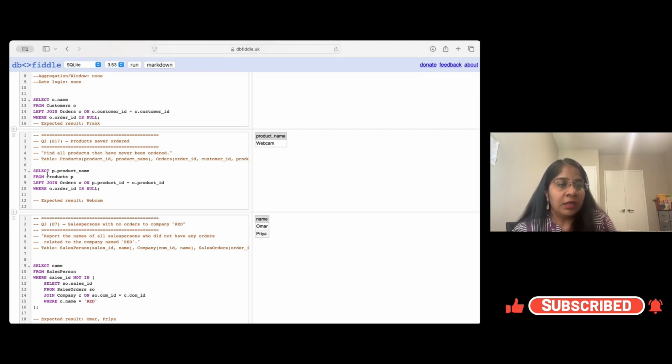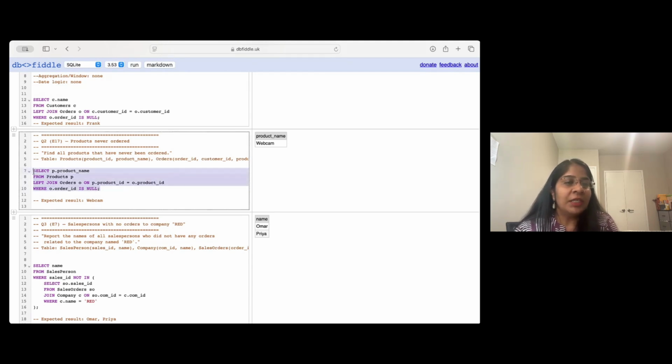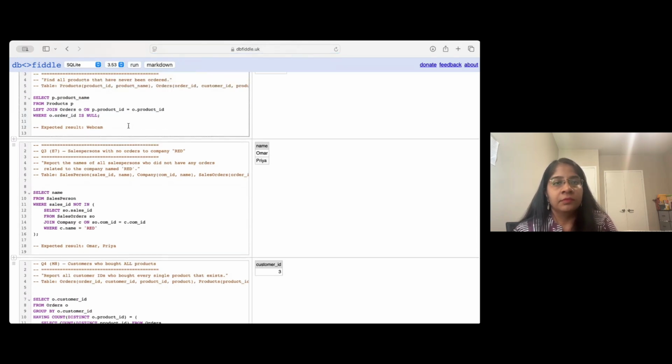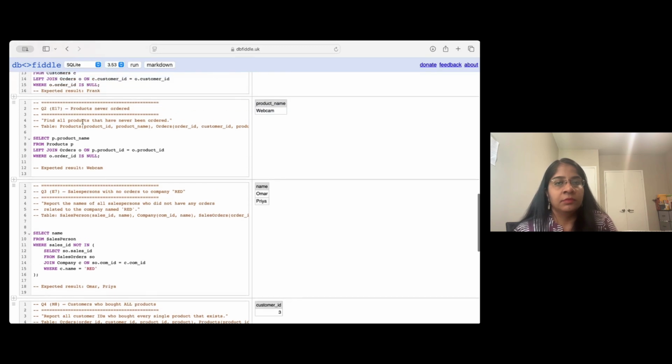Just get the product name from the product table, left join orders, joining on product ID from both tables, where the order ID is null. It's a pattern that you need to learn rather than memorizing query results. When you run this query, the expected answer is webcam. That's the product name, webcam. So that's about it for the second question.